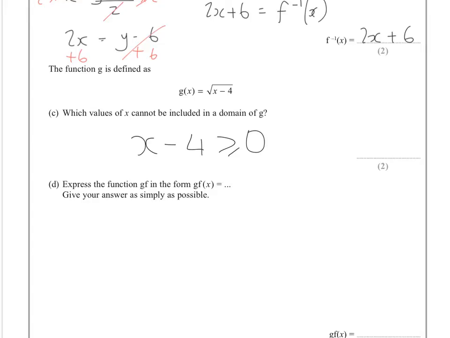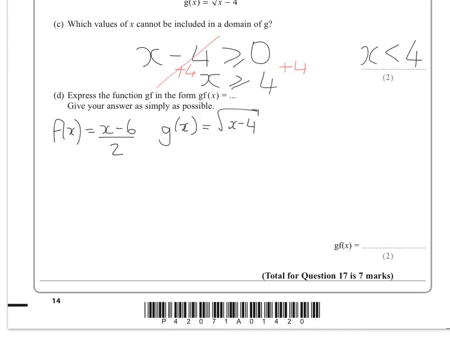So x minus 4 must be greater than or equal to 0. Solving that, x must be greater than or equal to 4. I did that by adding 4 to each side. So if those are the solutions that x can take, therefore x cannot be less than 4.